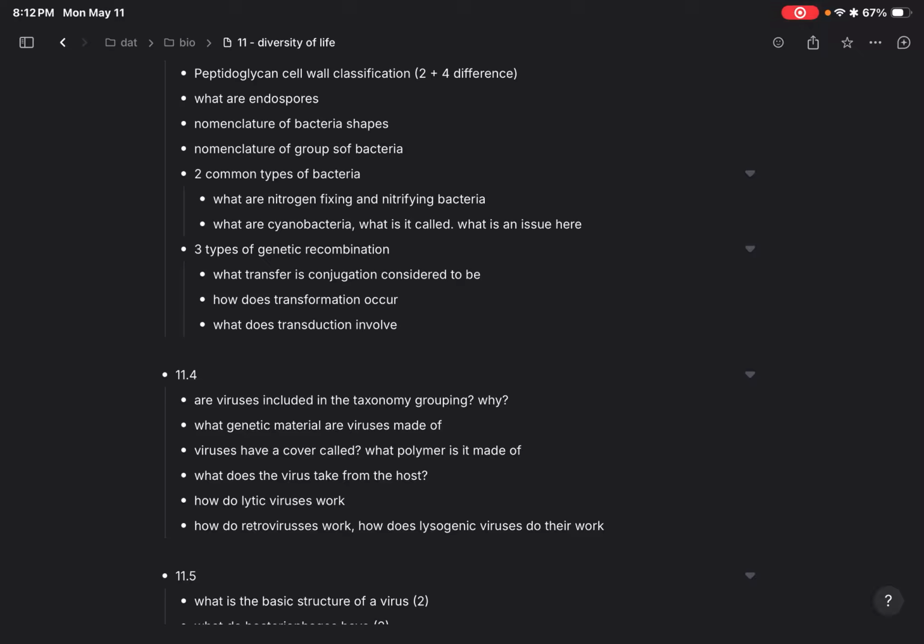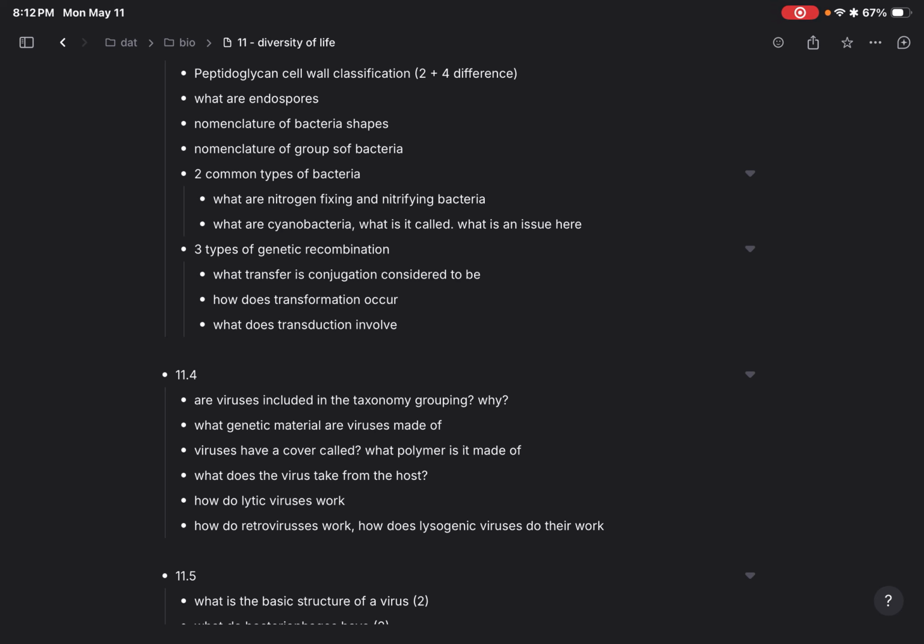So we got cocci, bacilli, and spirilli. Cocci is sphere shaped, bacilli is rod shaped, spirilli is spiral shaped.